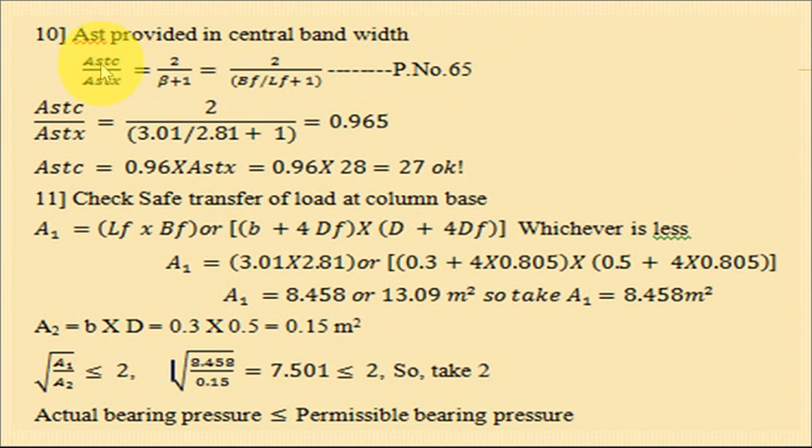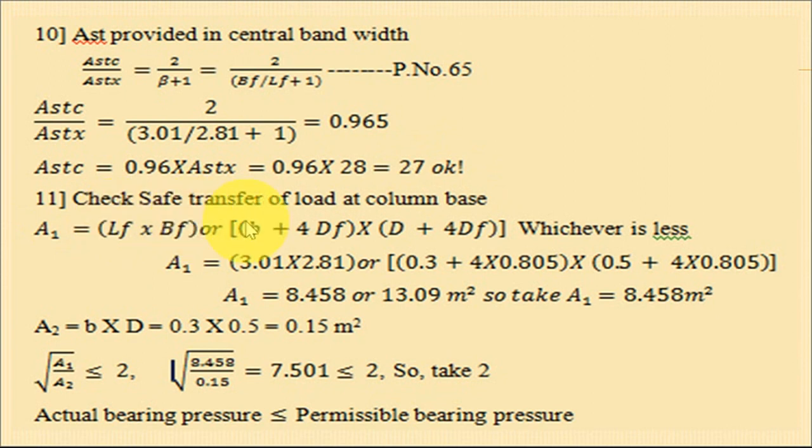So Ast in the central band divided by Ast along x direction is equal to 2 by (beta plus 1), and this beta is equal to the shorter dimension divided by the longer dimension of the footing, page number 65. So we get 0.965. So Asc is equal to, we have provided 27 numbers. So there is no problem.